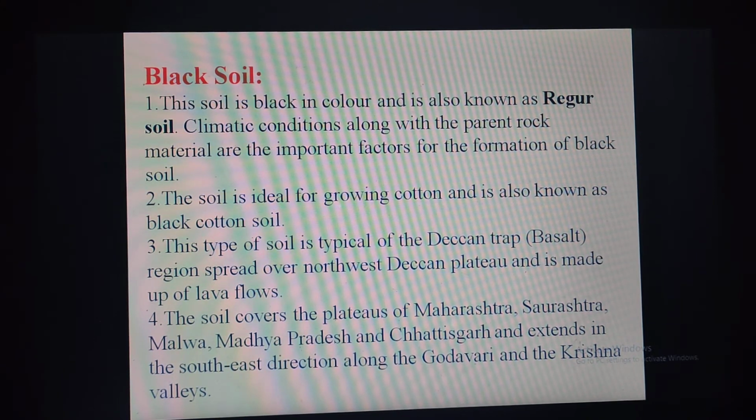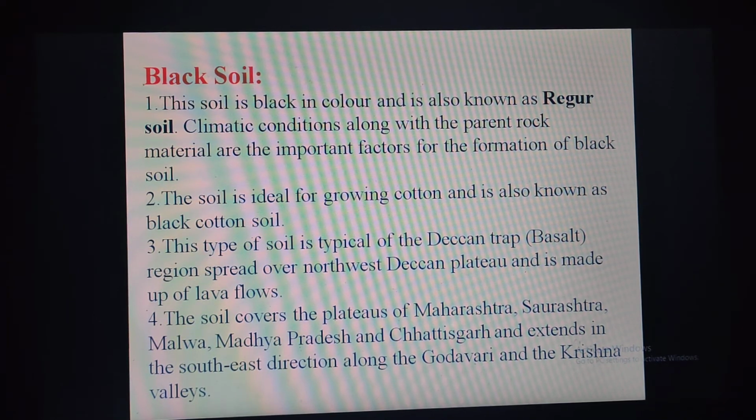The soil is ideal for growing cotton, and that is why it is also known as black cotton soil. This type of soil is typical of the Deccan Trap basalt region spread over the northwest Deccan Plateau and is made up of lava flows.